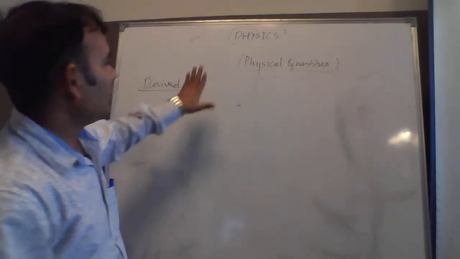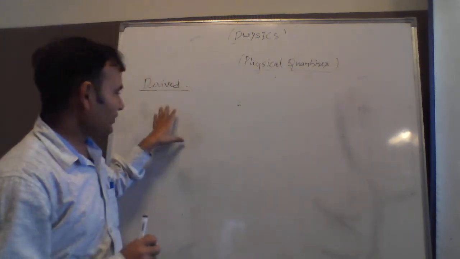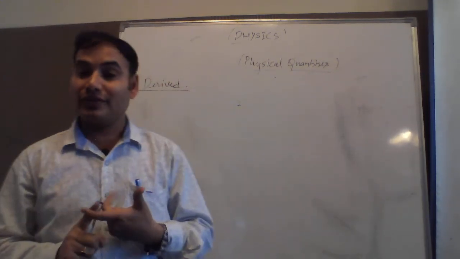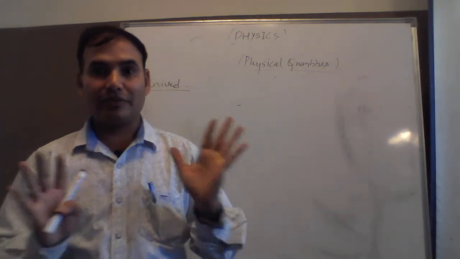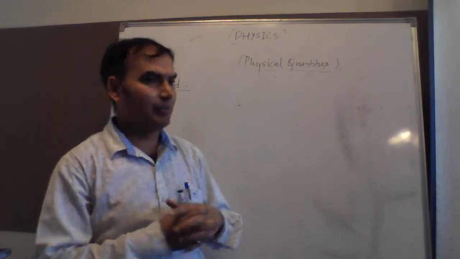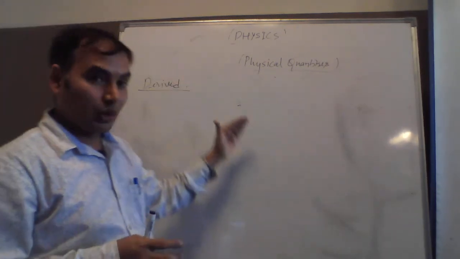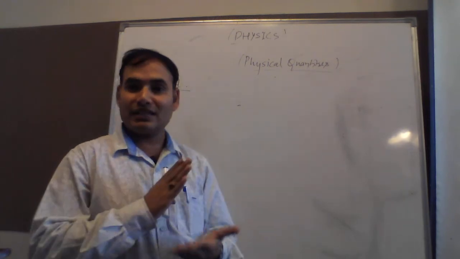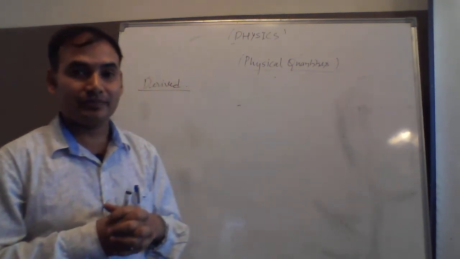See, any other physical quantity which is not fundamental and not supplementary is derived. Simple. Simplest one, I think. Derived quantity means the quantity which is neither fundamental nor supplementary.